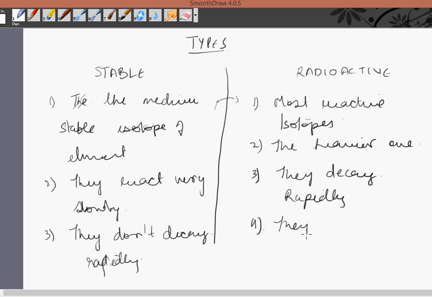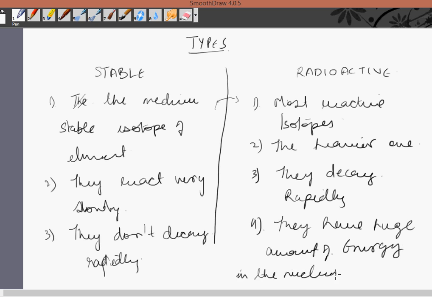Fourth, they have a huge amount of energy in the nuclei, which they pass out in terms of radiation with the alpha, beta, gamma rays, right? So this is basically the difference between the stable and radioactive.